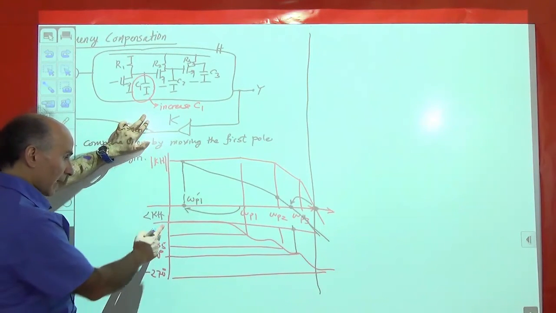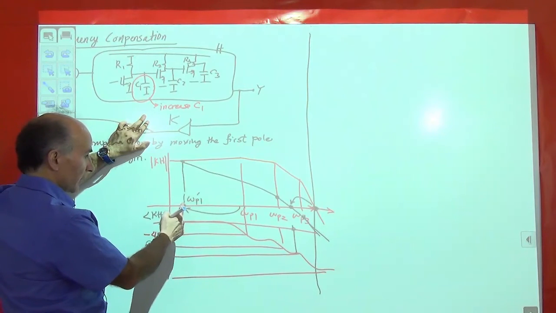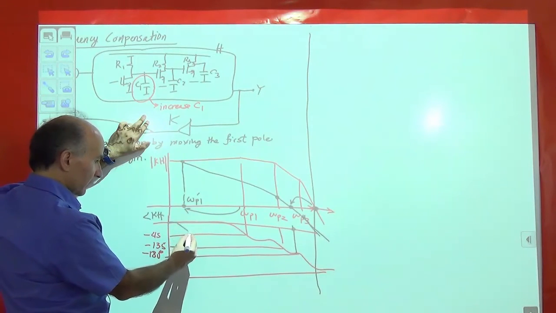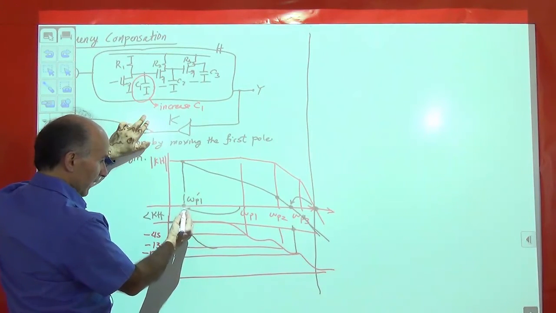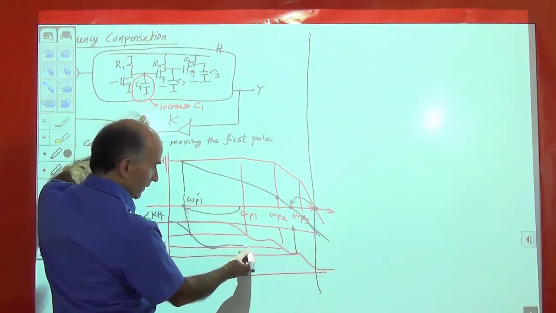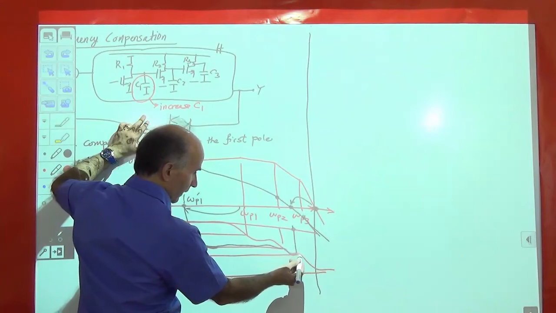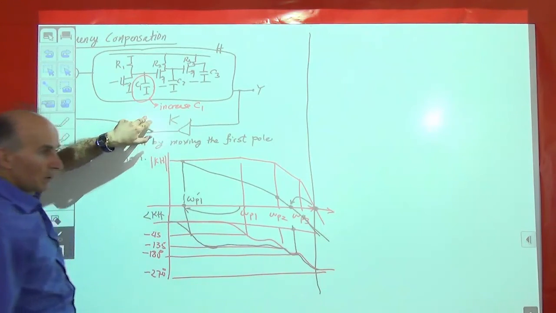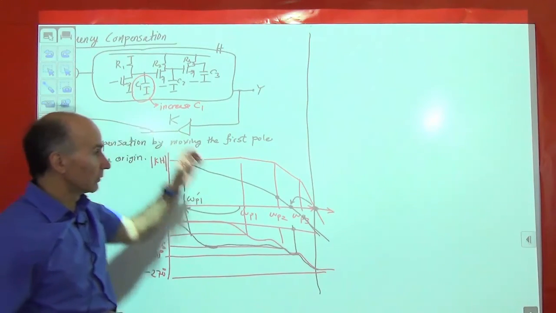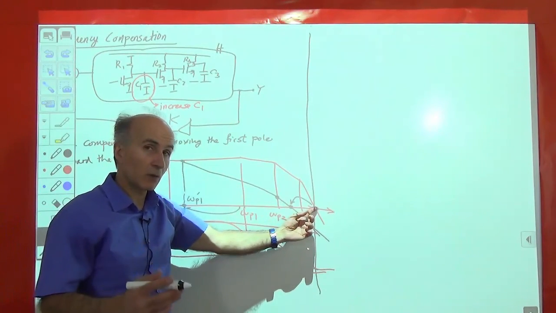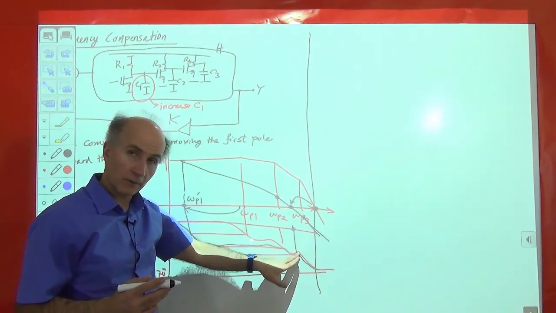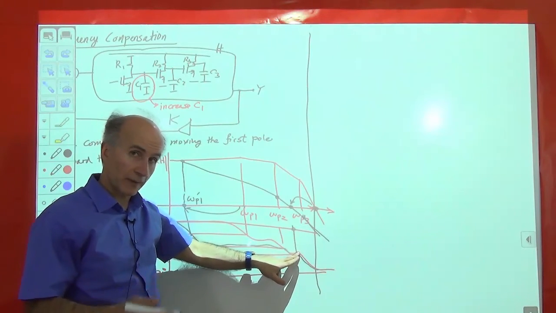And then as far as the phase is concerned, because the first pole occurs now here, the phase profile changes around here, because at the first pole we should have minus 45 degrees. But by the time we get out here, we really don't see any difference. So by increasing C1, we managed to move the gain crossover frequency to a lower value without changing the phase crossover frequency, so the system becomes more stable.